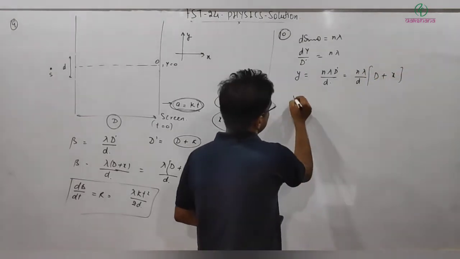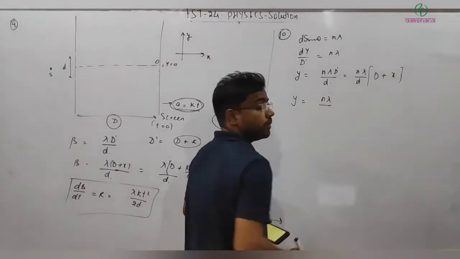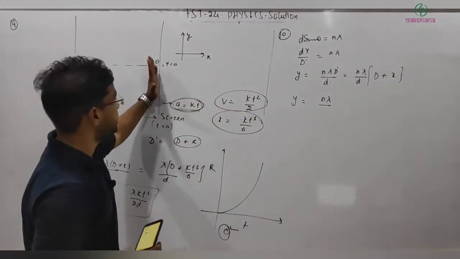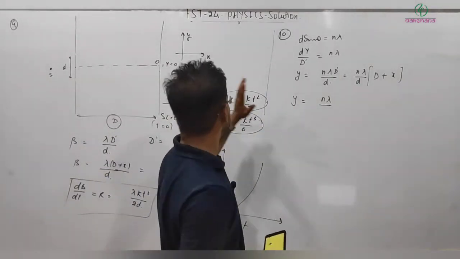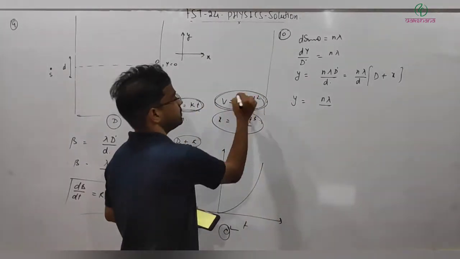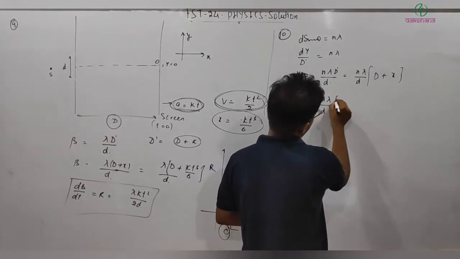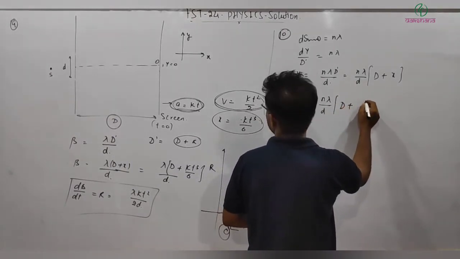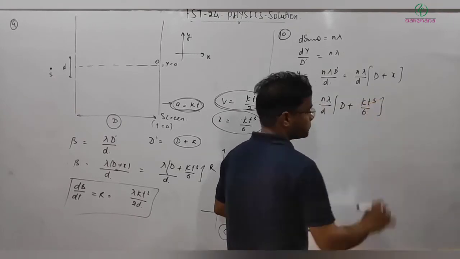X. So y is equal to nλ divided by d, and one more thing: here the screen is also moving, so let me first get its y coordinate. It will have some x velocity also. The x velocity will be simply equal to the velocity of the screen. So this is nλ divided by small d into (D plus x), where x is equal to kt³/6.